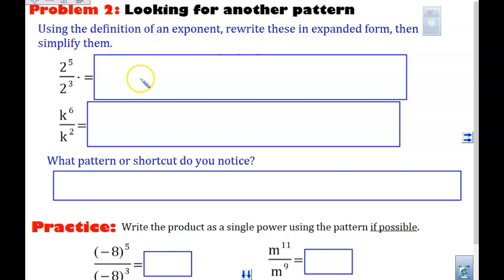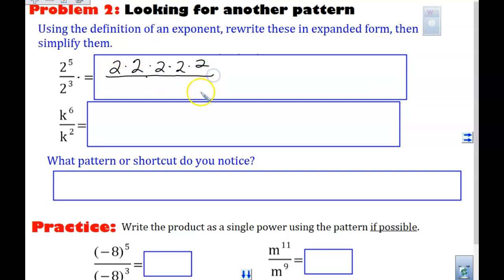Using our definition of exponents, we want to write this out. So 2 to the 5th. If I am writing that out, Mark, how many 2's should I have up on top? 5. Please put, not 2 times 5, I need 5 2's. So please put 5 2's in your numerator.